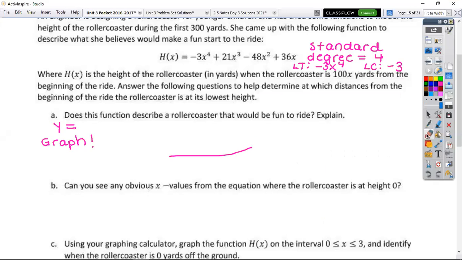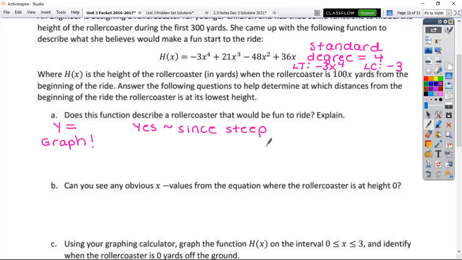So I am going to say yes, this is fun to ride. Again, it's a matter of opinion. I'm going to say yes, since it ascends quickly and then goes right back down. So it would make for a good roller coaster in most people's opinion.